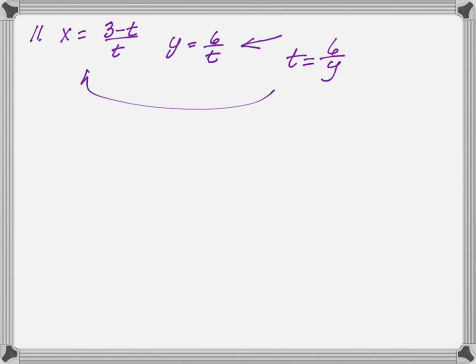So going back and putting that into there, x equals 3 minus 6 over y over 6 over y. So let's solve this for y.